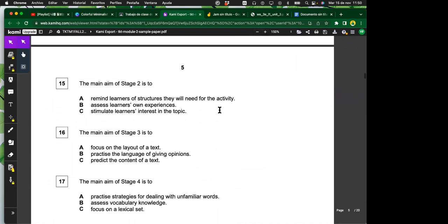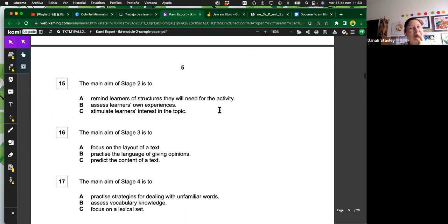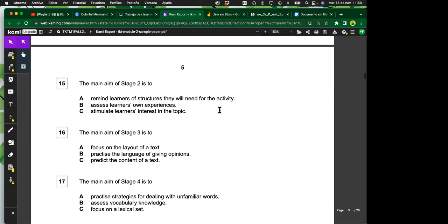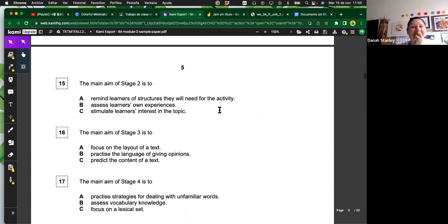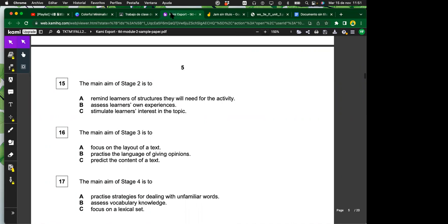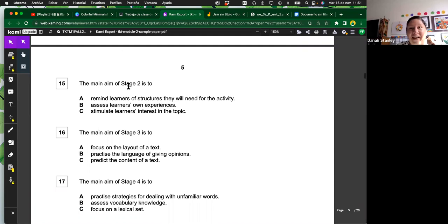I put B, but I'm not sure. Why not, Miss? Because it says assess. And do we assess learners' experiences? No. So it sounds like it's true, but I'm not sure. I wrote that, but when I read it again, I'm pretty sure it's C. Exactly.